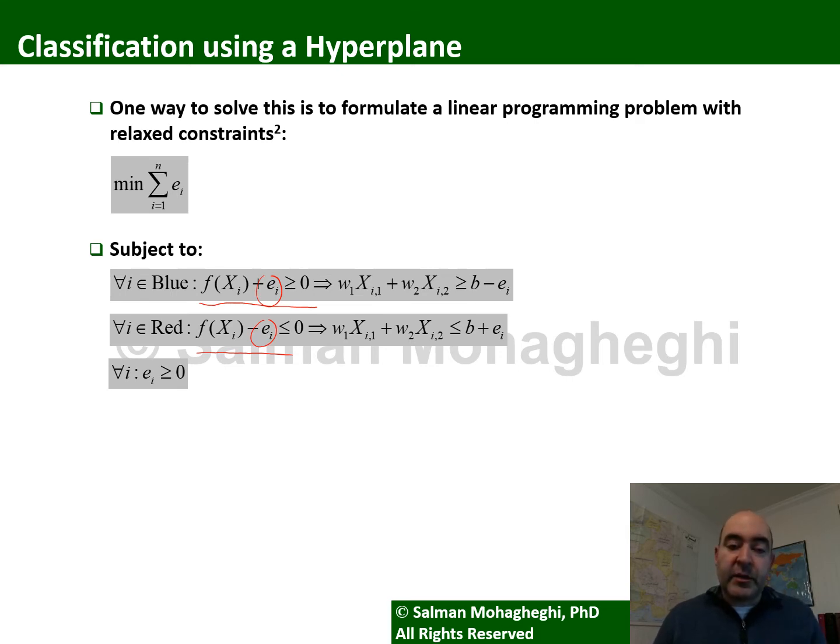So essentially I would like to minimize this summation of all the errors, which is my objective function, subject to this constraint and this constraint, which basically indicates the difference of that f of x from 0, and a non-negativity constraint saying that all e_i's have to be positive. Obviously, under ideal situations, all e_i's would be 0, meaning that all my f of x's for blue data instances would be positive. All f of x's for red data instances would be negative, which is the ideal situation.